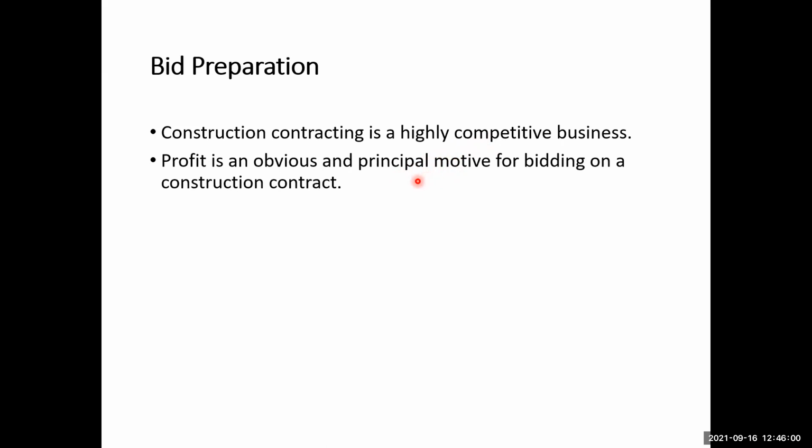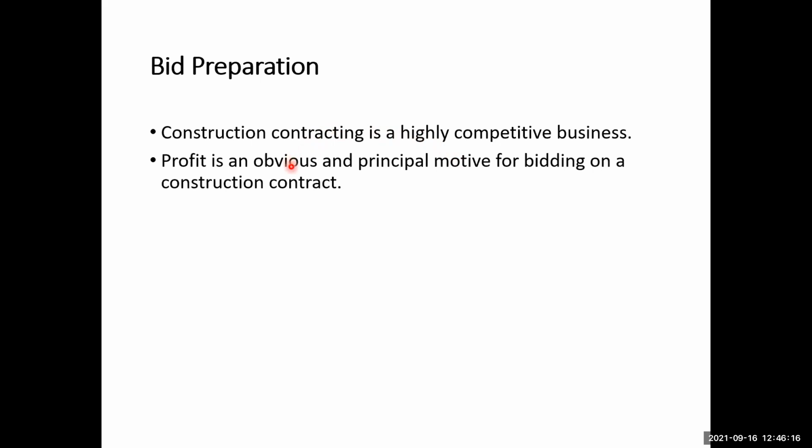So it means that if you want to be successful in getting the project, your bid should also be low. And if your bid is low, then it will be very hard to get the profit as well.